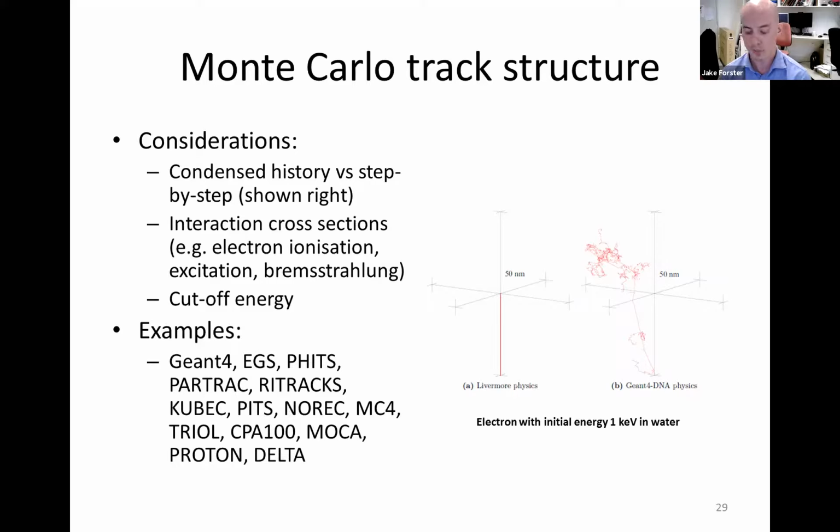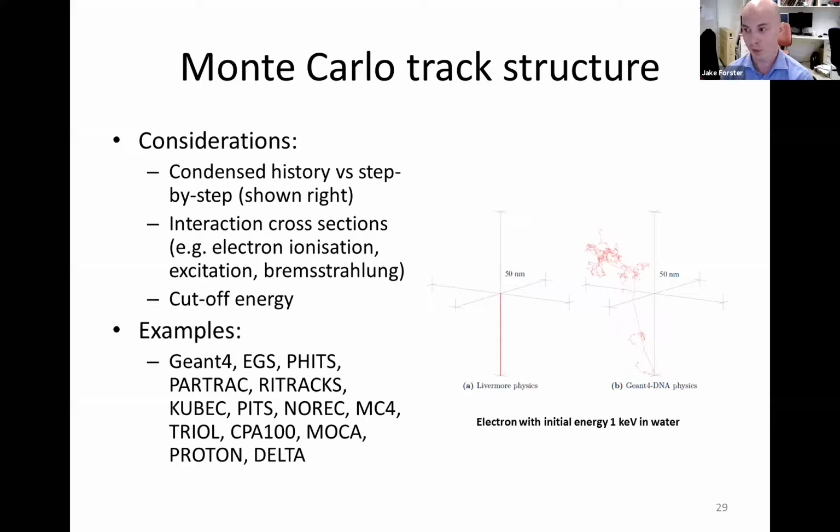Condensed history processes are where you look at a cumulative effect of multiple electron collisions in a single step. Whereas step-by-step or event-by-event tracking is where you consider each event explicitly.